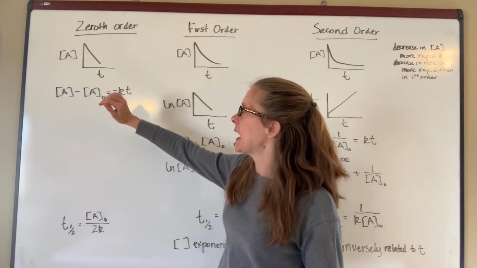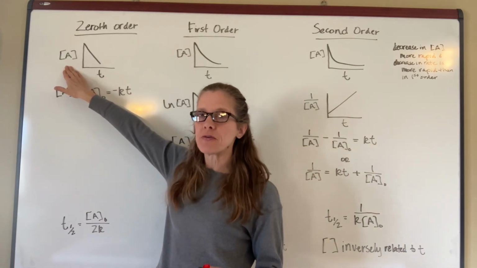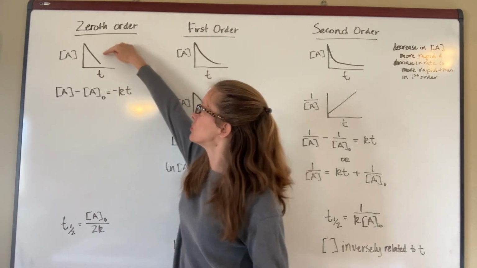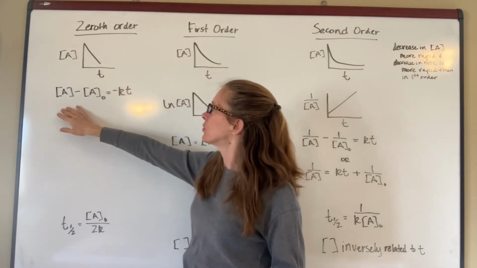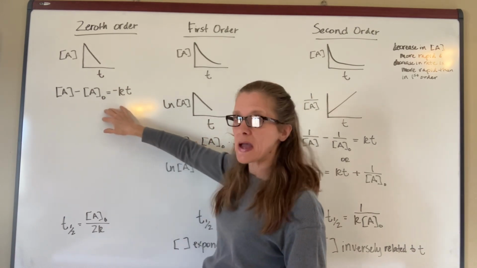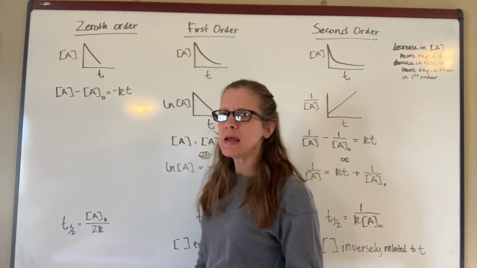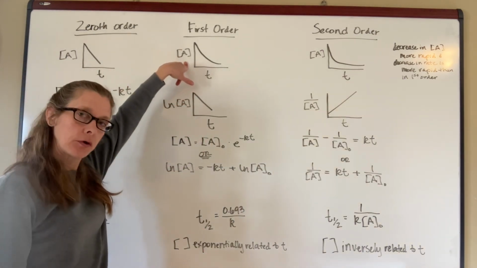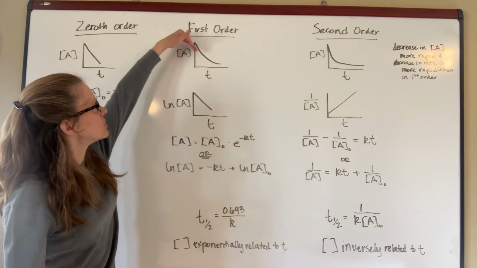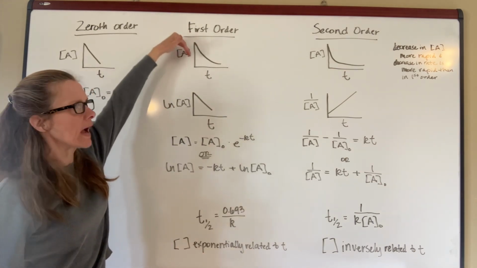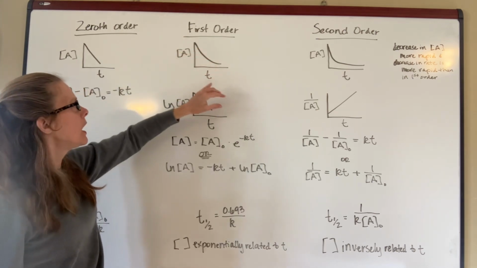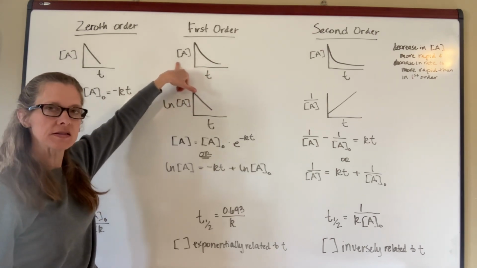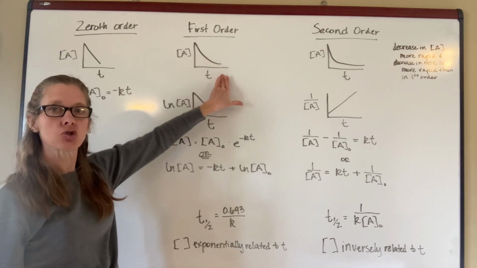And in that type of reaction, the concentration of a zeroth order reactant simply goes down in a linear fashion according to time. So this is a linear graph, and the graph of this equation looks like this, okay? Now, in a second order reaction, we see the type of graph that I had on the board before, where as the reaction proceeds, the concentration goes down, but you can see that this curves, and that as this gets less and less concentrated, the reaction rate slows.